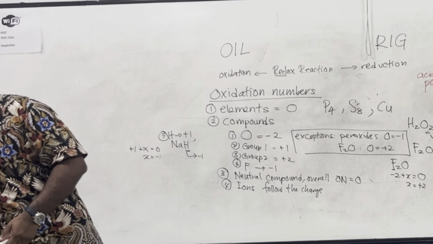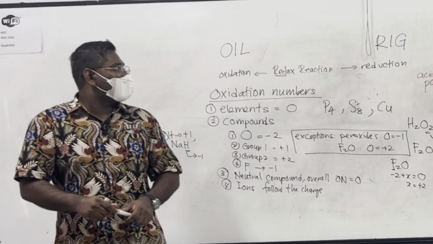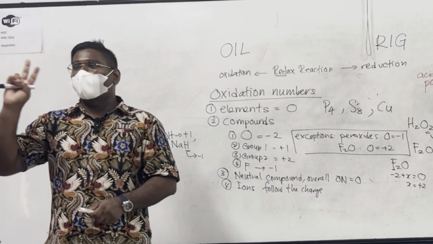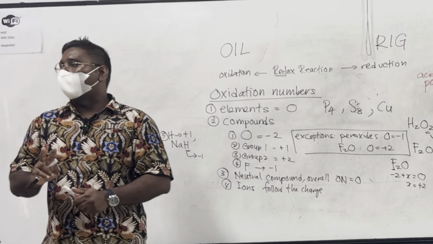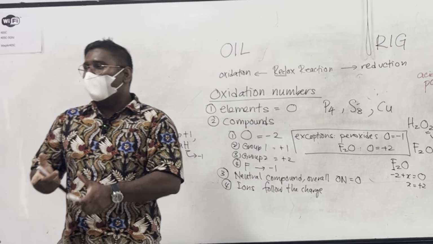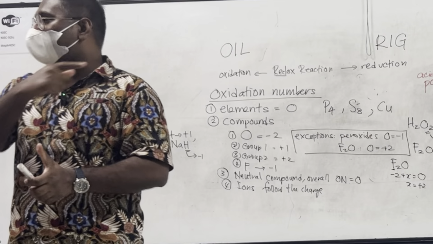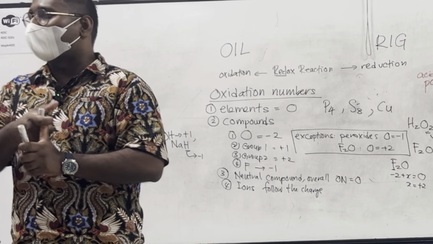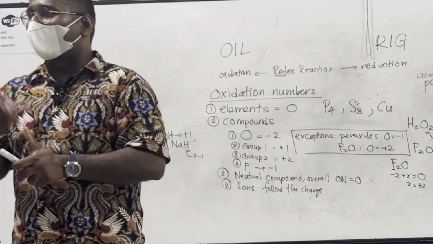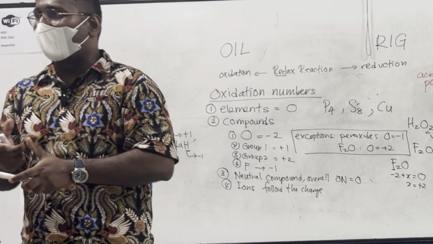Can anyone remember what the number is? There are two important reagents that you need to remember in chemistry: potassium manganate and potassium dichromate.